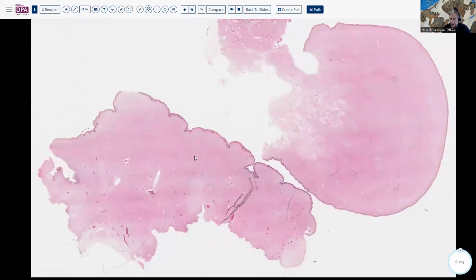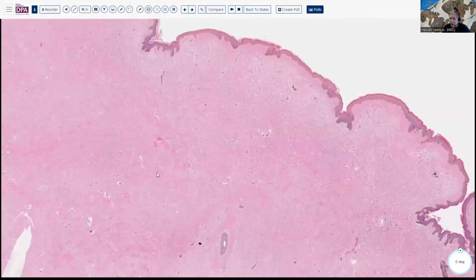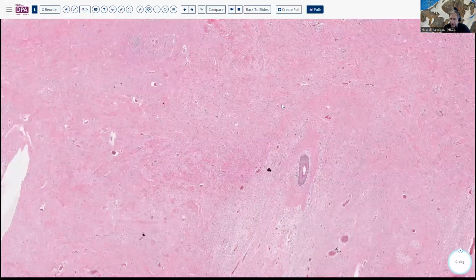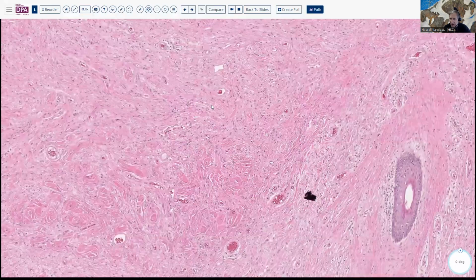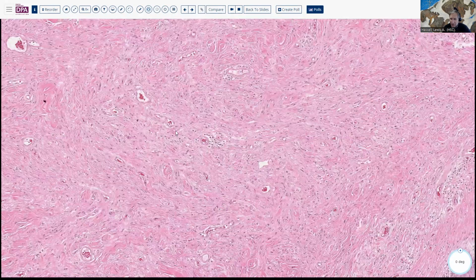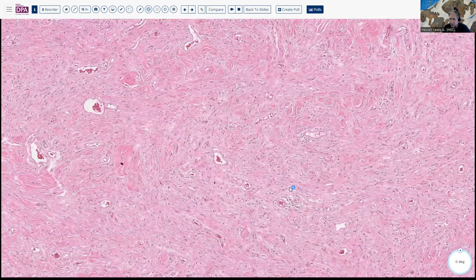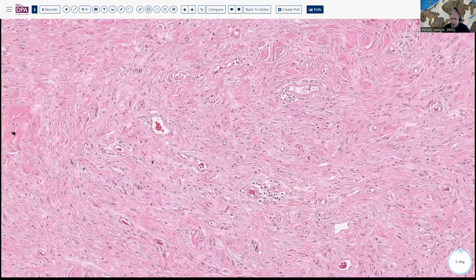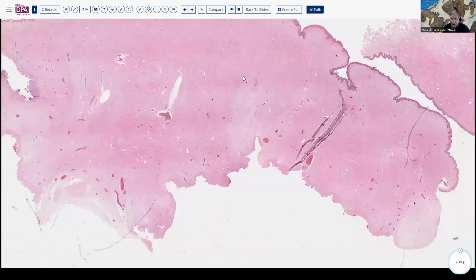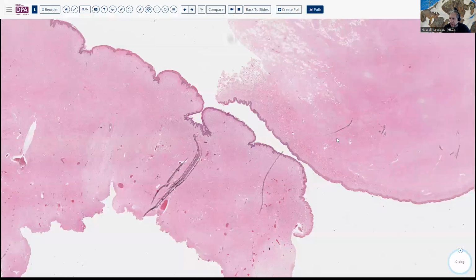Here's another lesion, again in a cutaneous location, very poorly demarcated, and sort of a diffuse type of process. You can see this tumor forming process with low cellularity, a few admixed inflammatory cells, and a very diffuse plaque-like appearance of this lesion.